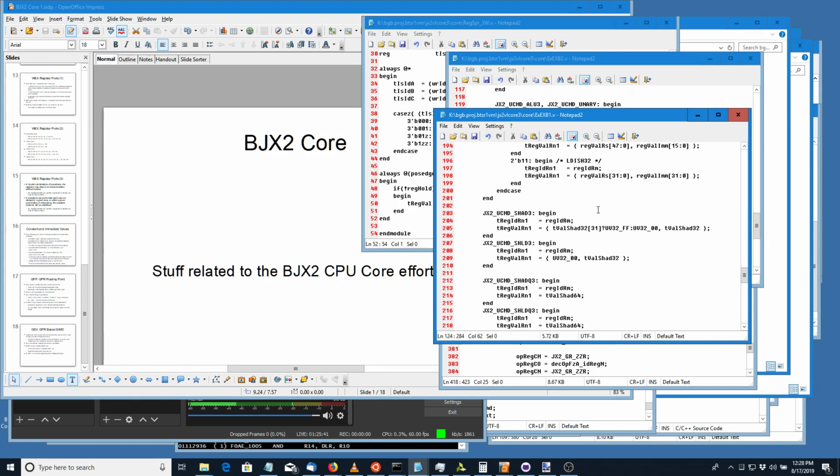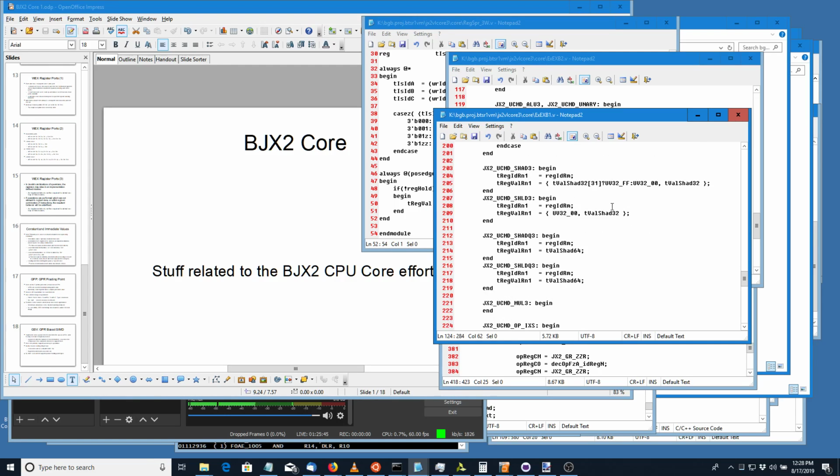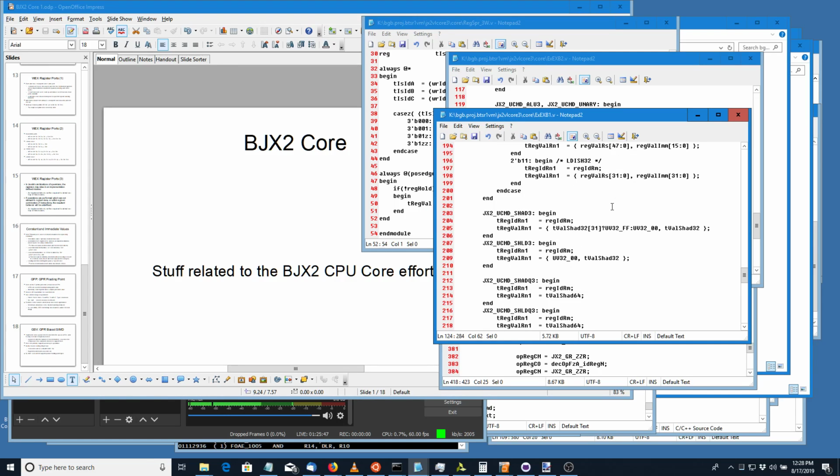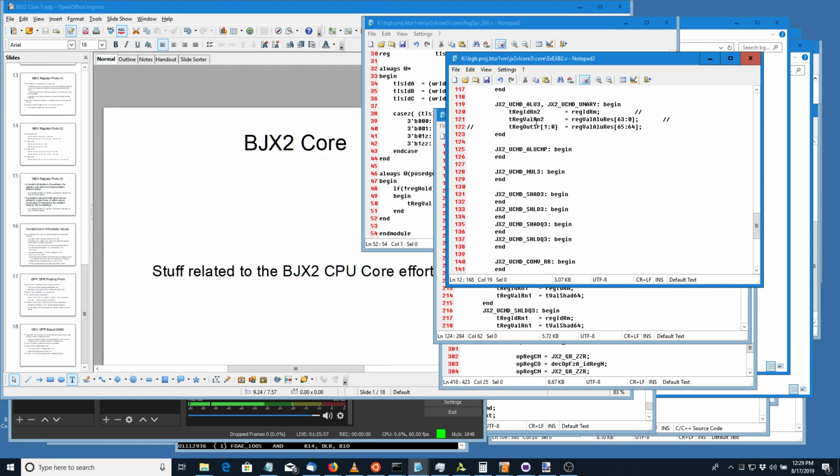I think at one point I'd considered making shifts be 2-cycle operations, but ended up not doing so because they're not slow enough, whereas things like adding two numbers and similar are slow enough to require 2 cycles.